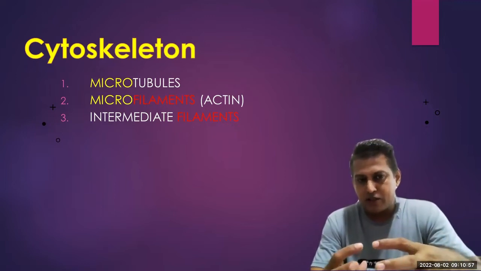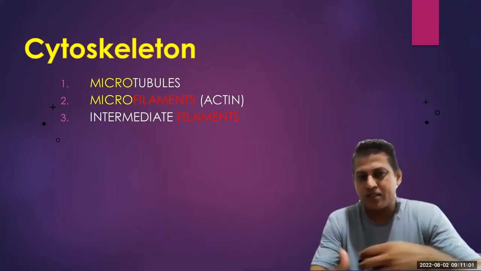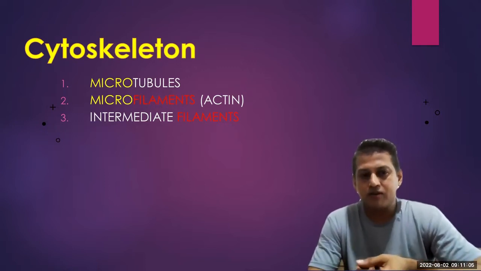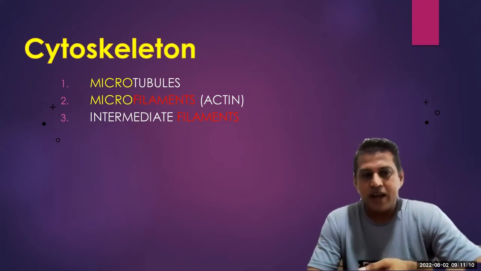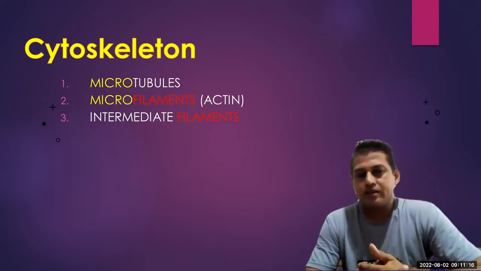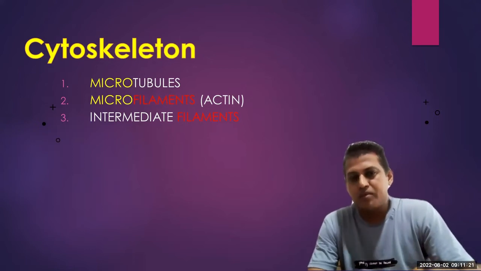Otherwise, when you try to remember these three words, it might be a little confusing because of the same words most of the time. So try to remember these three words separately: microtubules, microfilaments, intermediate filaments.